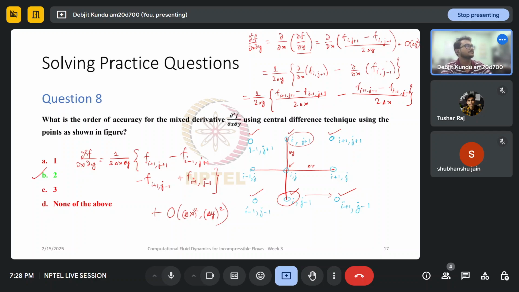Then I perform dou x on it using a 3 point central difference scheme, so it becomes delta x squared, and I had delta y squared from the first. We are differentiating only once with respect to x and once with respect to y. If I differentiated with respect to x again and again, the order of accuracy might change.